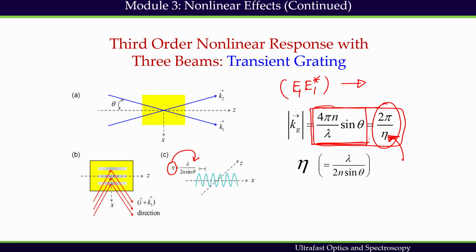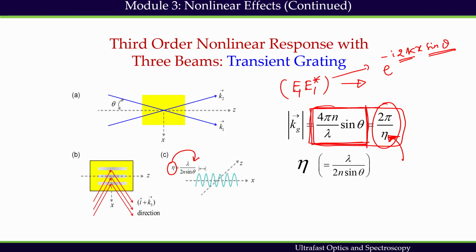The calculation shows that the final expression for this field depends on minus i 2k x sine theta, right? So from here we can say the wave vector is going to be 2k sine theta, and that's exactly what we have written here, the wave vector.